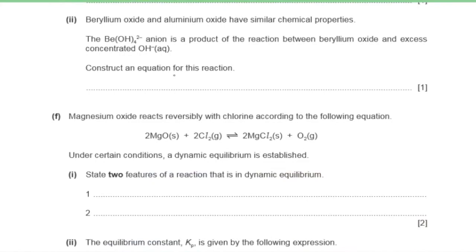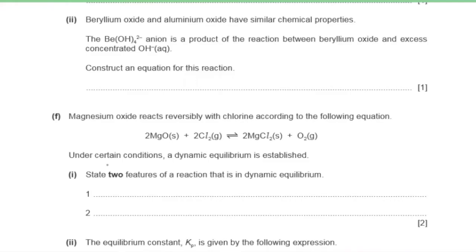Part 2. Beryllium oxide and aluminium oxide have similar chemical properties. The beryllium hydroxide ion is a product of the reaction between beryllium oxide and excess concentrated hydroxide ion. Construct an equation for this reaction. So beryllium oxide and aluminium oxide have similar chemical properties, which means that beryllium oxide can also react with H plus and OH minus.